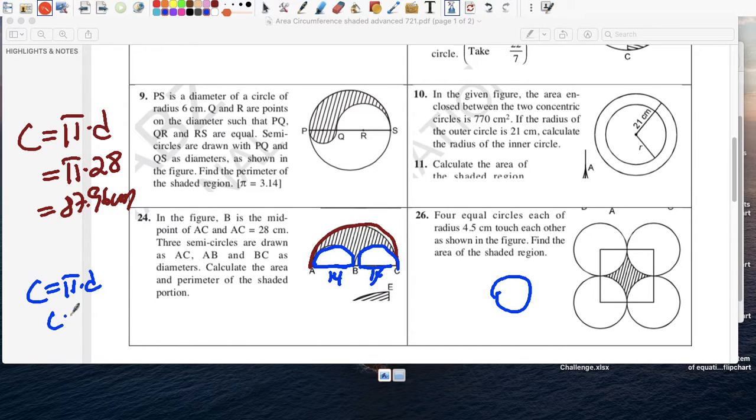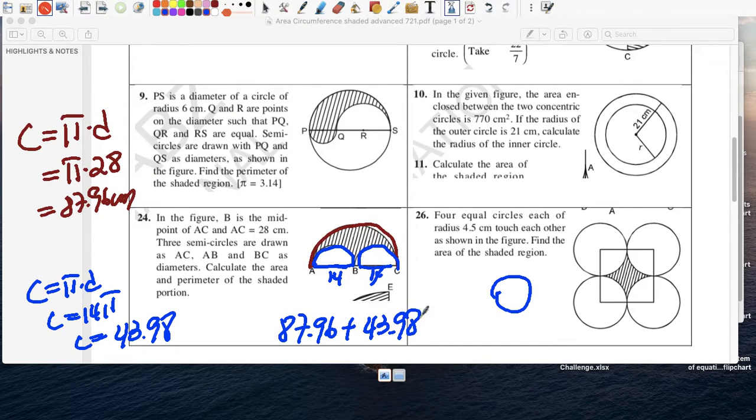So C equals 14 pi, and 14 times pi is 43.98. So you and your dog walked 87.96 plus 43.98, and that's going to give you the total, which you guys can figure out.